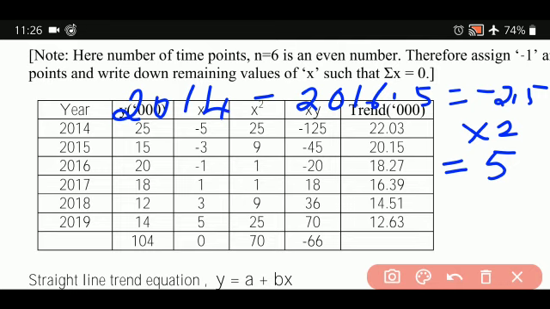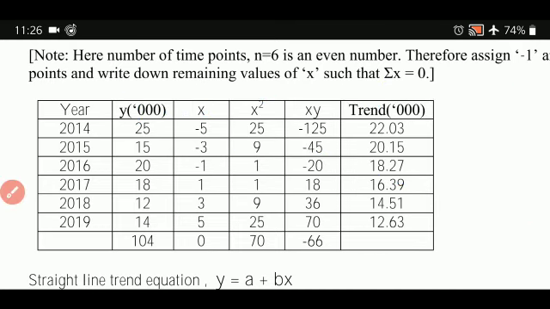Otherwise the calculation goes on increasing. This is nothing but an adjustment. You have to understand, 2014 minus 2016.5 is equal to minus 2.5. When you multiply that by 2, you get minus 5, and this is how the calculation has come.